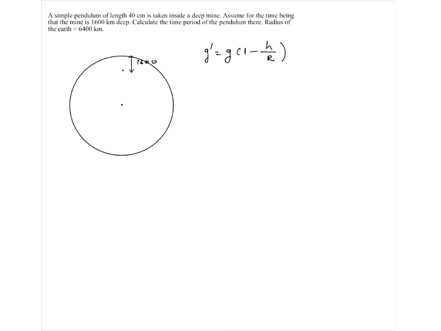Or the approximate one? This is the accurate one.